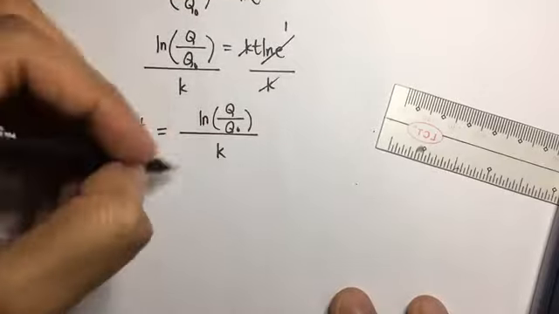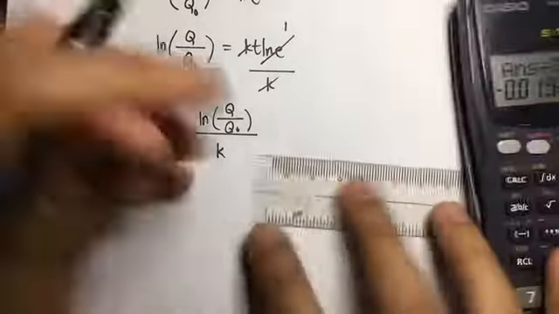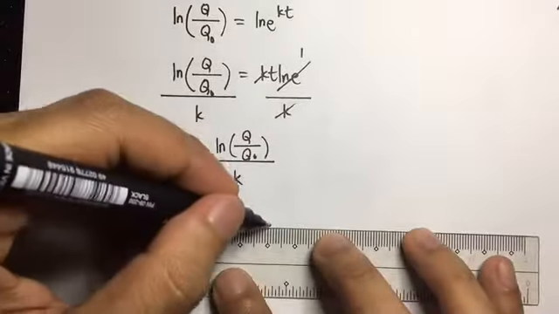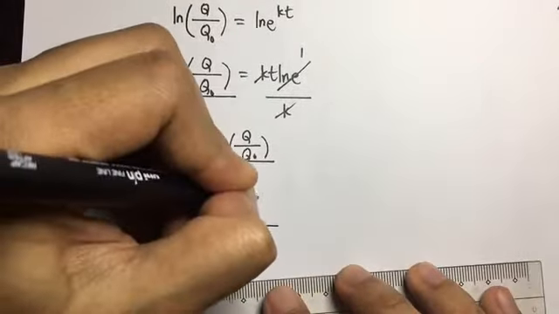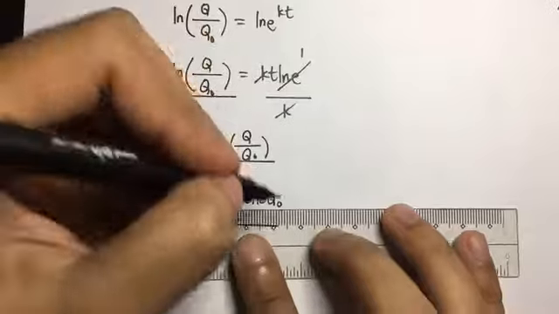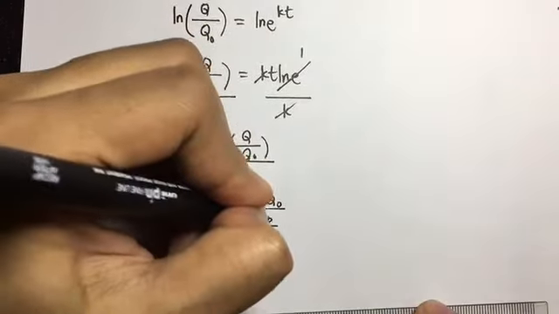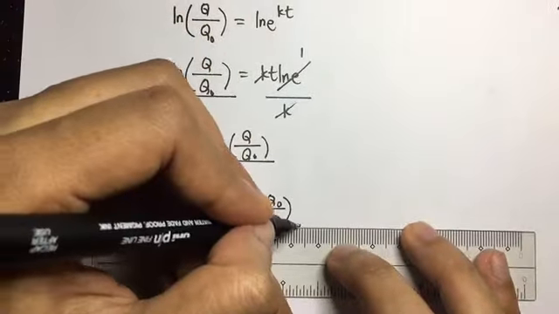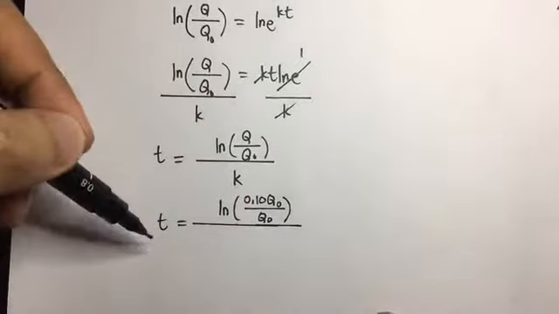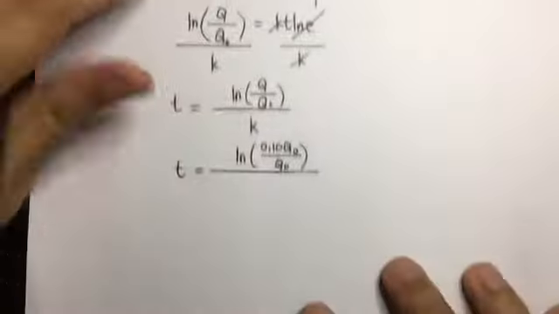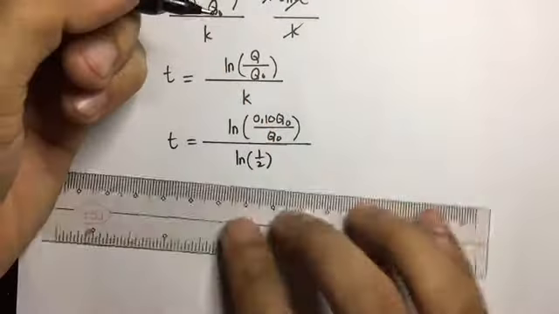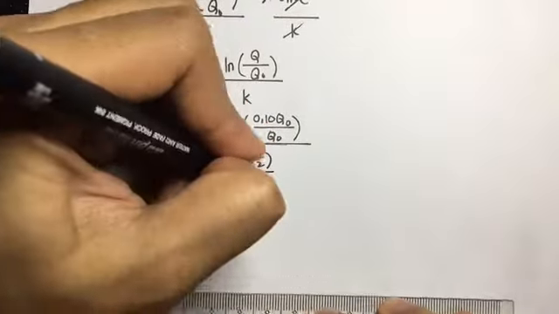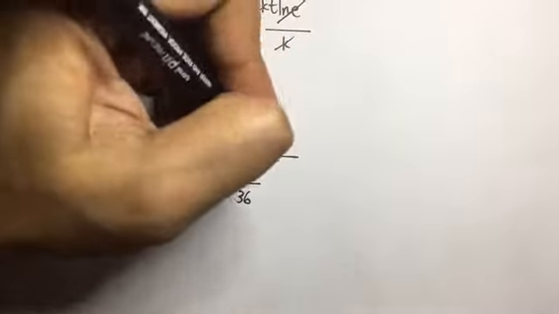So time t is equal to ln of 0.1 Q0 over Q0, all over k, where k is ln of 1/2 over 36. We can cancel Q0.